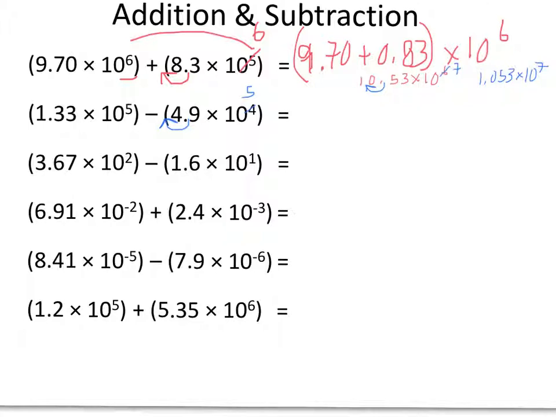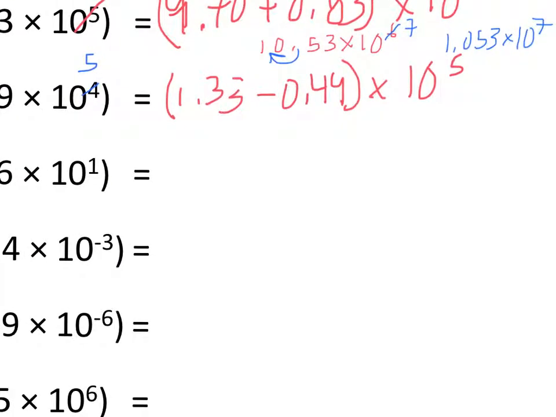I now have 1.33 minus 0.49, and all of that is times 10 to the 5. I perform this subtraction and I get 0.84, pardon me, times 10 to the 5th.